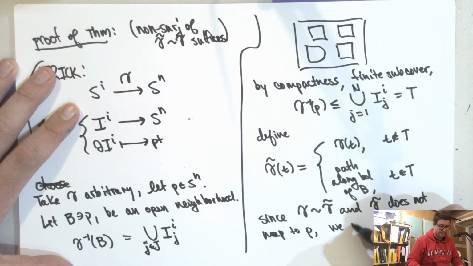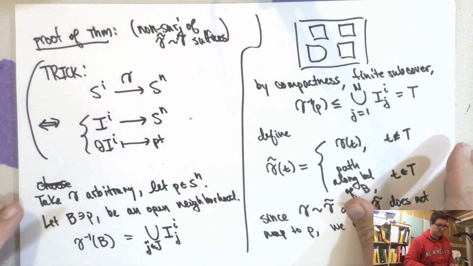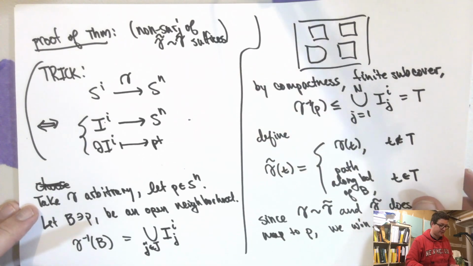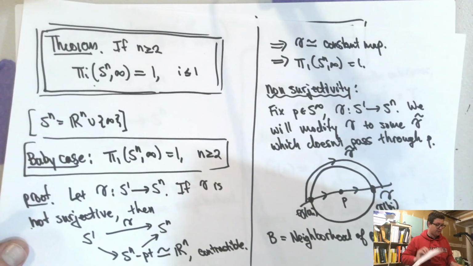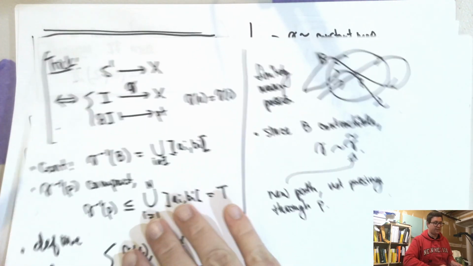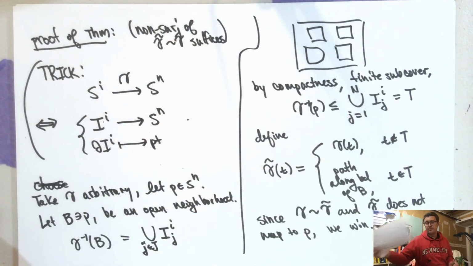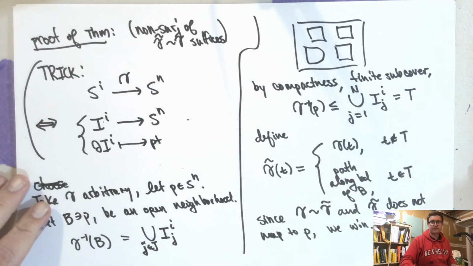We win. So that's the proof of non-surjectivity. And what did we prove again? We proved that these higher homotopy groups vanish. We did that by showing that all the loops are contractible.